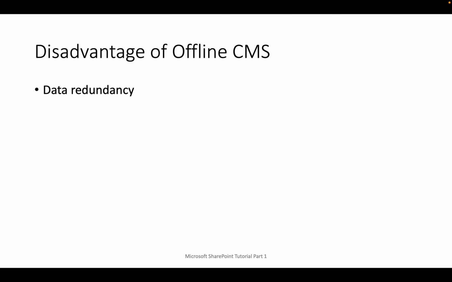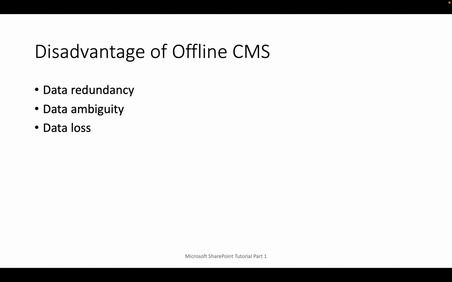First is data redundancy. Files with the same content may be created in multiple locations. The second disadvantage is data ambiguity. Files with the same name may be created with different content. That may cause data storage issues also. Then data loss.